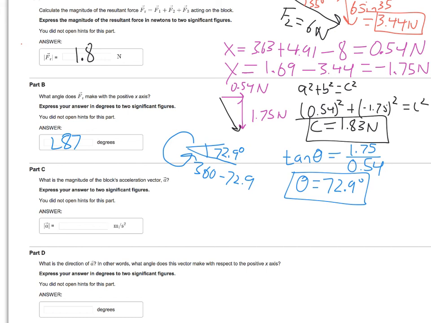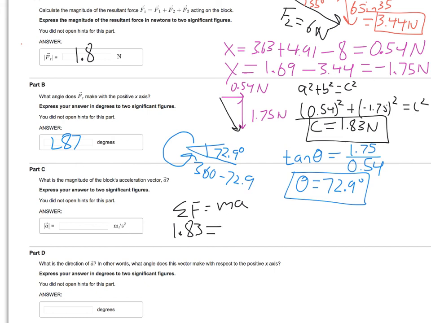All right, what is the magnitude of the block's acceleration? Well, this part's actually not that bad now that I've gotten the first two. Since I know the overall magnitude of the force, I can simply use that to get the overall magnitude of the acceleration. So my overall force was 1.83, actually that was our number before we rounded to 2 sig figs.